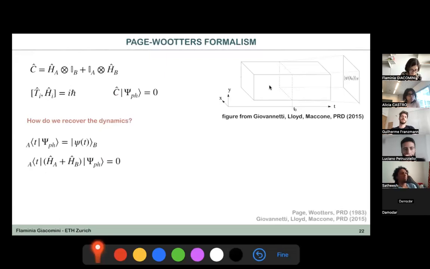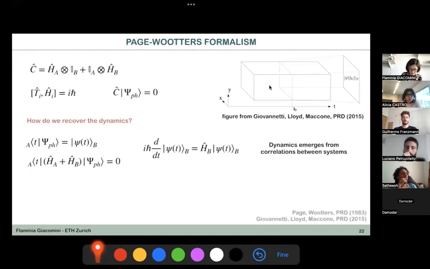Now we know that if these have a standard commutation relation, in the t basis for A, this operator is represented as the time derivative, basically i h-bar d by dt. And this other operator is transparent to clock A because it lives on a different Hilbert space.